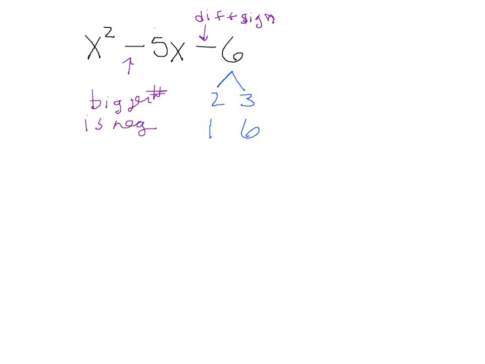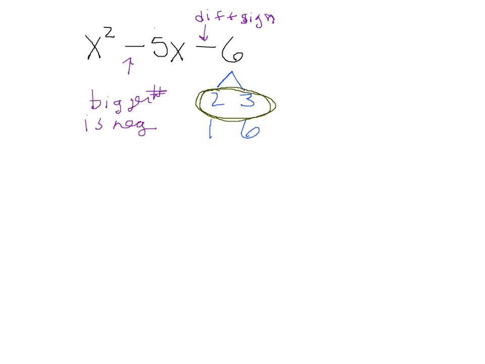Now, when I look over here at these, they're going to have different signs, so I need them to subtract to -5. So if these had the same signs, they would add up to 5, or they would be -5. But one of the signs is going to be positive and one of them is going to be negative.